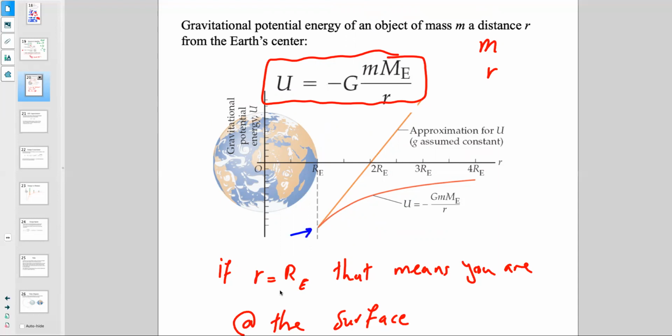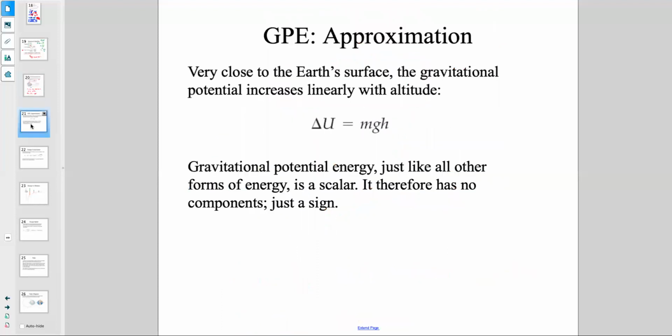So you can think as if your gravitational potential energy is following a linear relationship. Very close to the Earth's surface, the gravitational potential increases linearly with altitude.